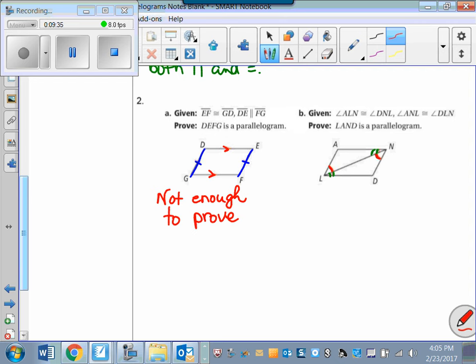Looks like I got some alternate interior angles, right? So because of the red angles I have marked, I can say AL is parallel to DN. And because of the green angles I have marked, I could say AN is parallel to DL. And therefore, yes, I can prove that LAND is a parallelogram by the definition of parallelogram. Opposite sides are parallel. There we go.